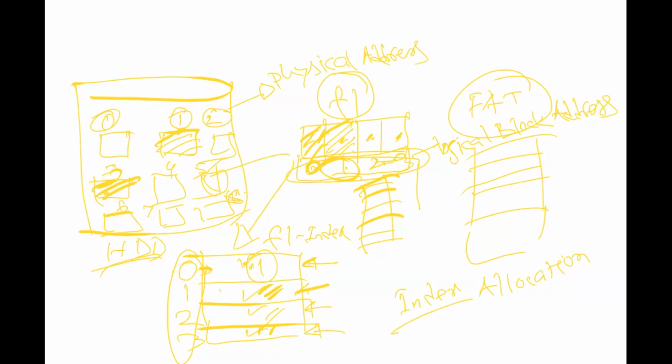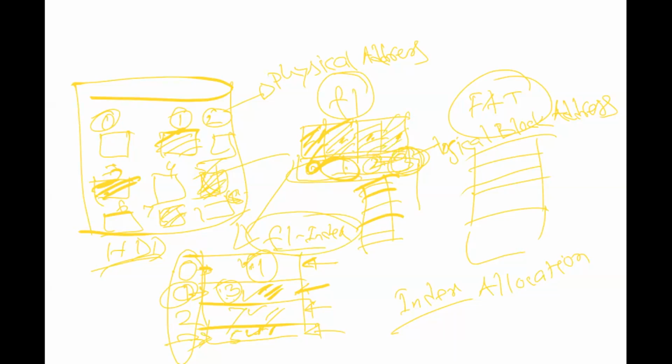So here the file index table will contain block number 3. 3 will be the entry for this 1 number index. Then let's say block number 2 is loaded in 7, so the entry will be 7. The last one is block number 3, loaded inside block number, let's say, 5. So the 3 number index of the file index table will contain block number 5.